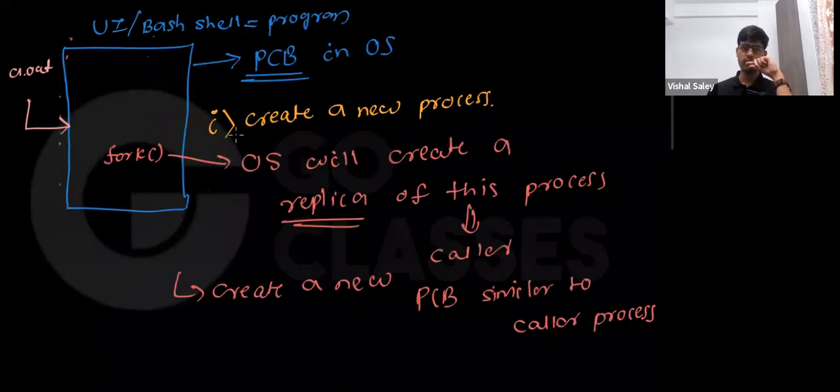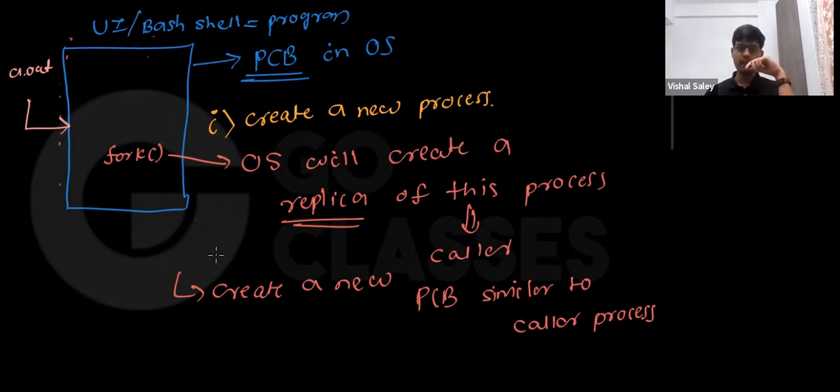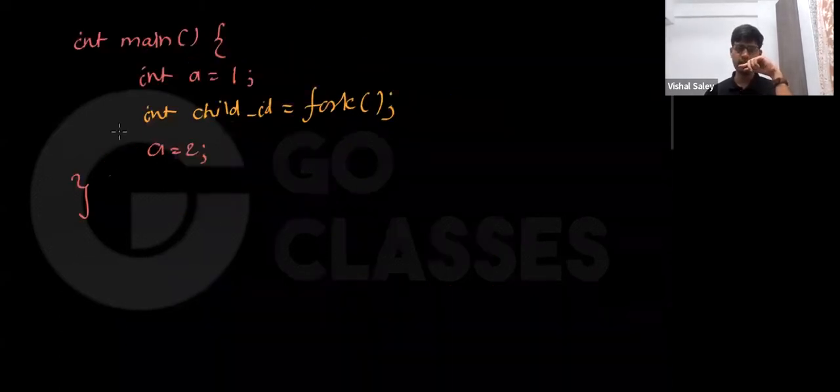So we ourselves write this particular code in C, and then we see what happens if we run it. That is the objective.